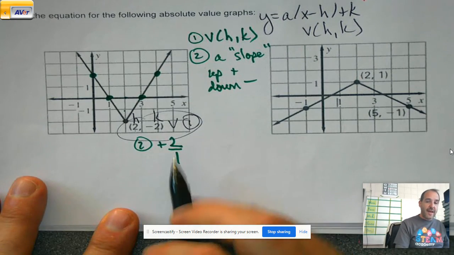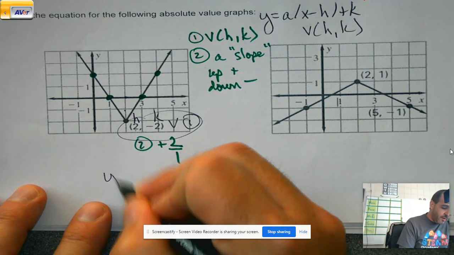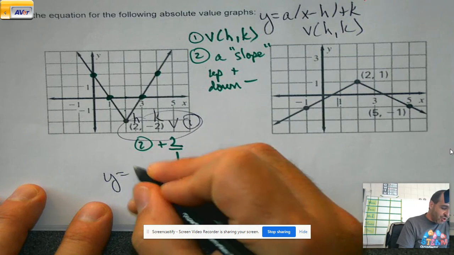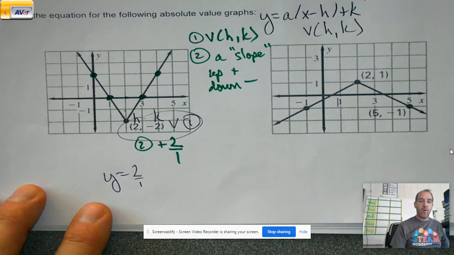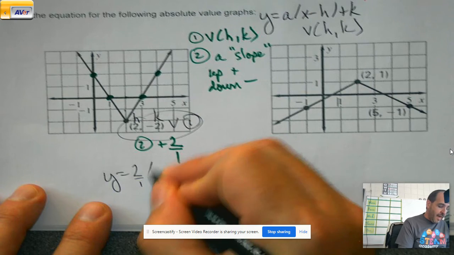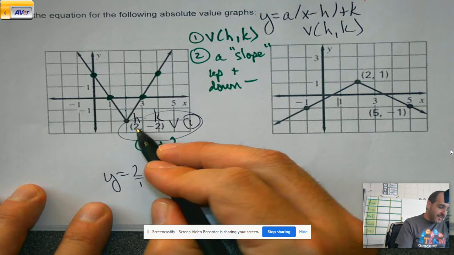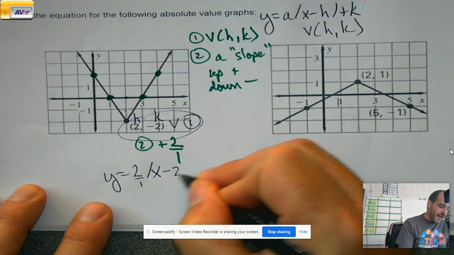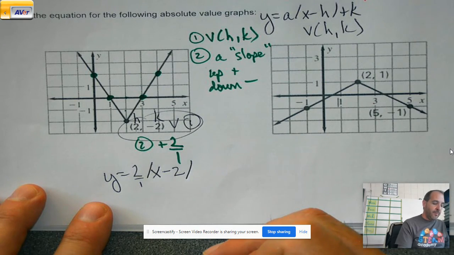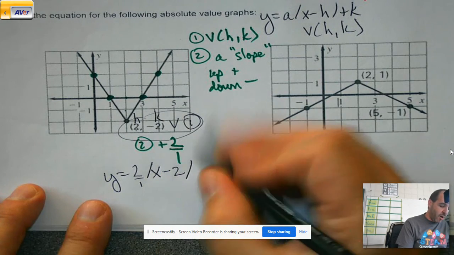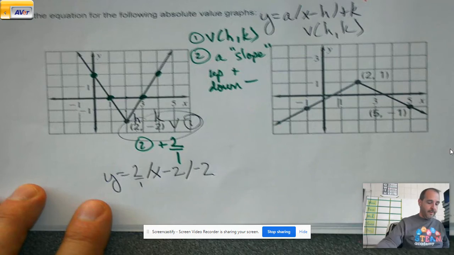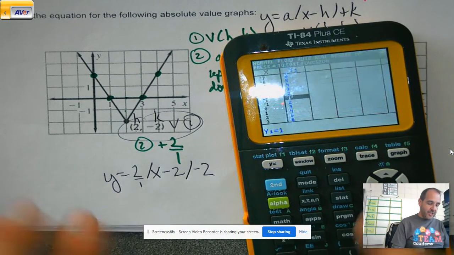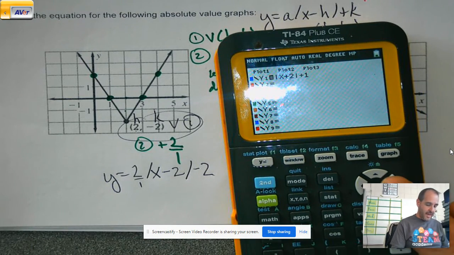So once I have that info, now I'm ready to make my equation. My A is 2, or 2 over 1 if you want to do it that way. X opposite of H, the opposite of 2 is negative 2 or minus 2. Plus K means just keep this number. If I want to take a second to check, I don't have to do this, but I can.